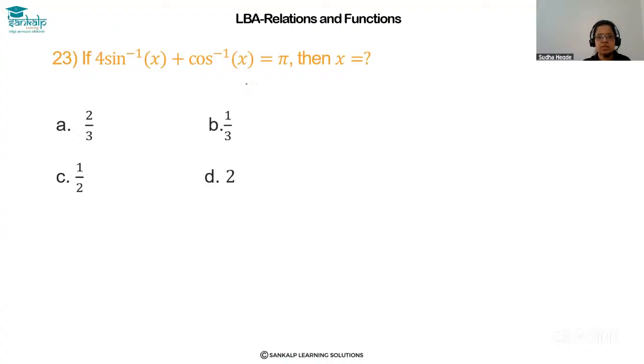Hi students. The question is, if 4 sin inverse x plus cos inverse x is equal to pi, then what is x? Option A 2 by 3, option B 1 by 3, option C 1 by 2, option D 2.